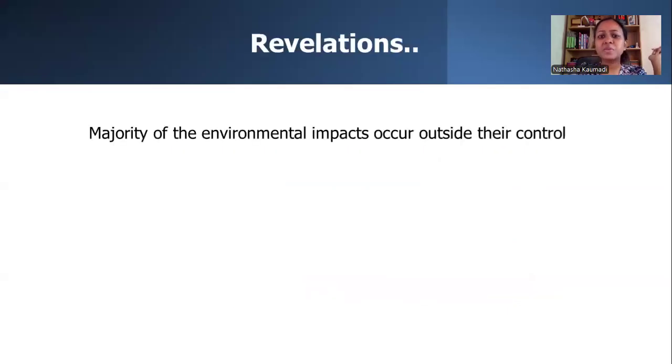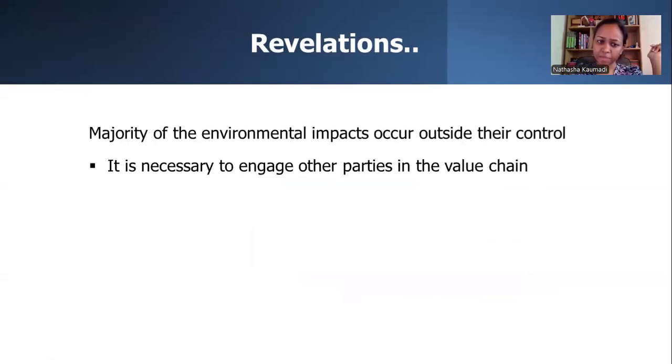So what are the things you need to understand from this? The majority of the environmental impacts occur outside their control as well. Now, when the production is done, they can say, our production is done, we have sold the jean, that's it. But we have to think about the other way around, right? We have to think about the consumer use as well.